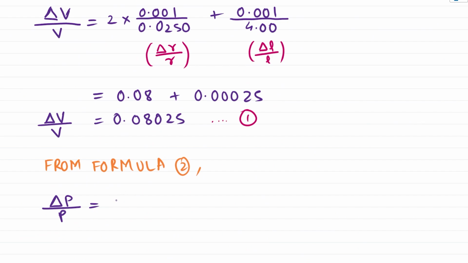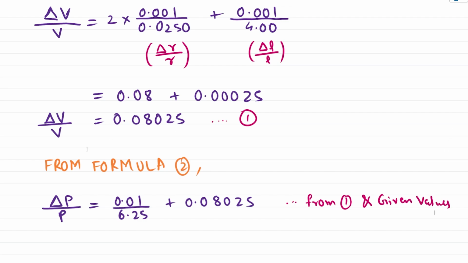So the value of delta m is 0.01 divided by the mean, that is 6.25, that is m, plus the value of delta V upon V, which we have just calculated to be 0.08025. So this is from equation 1 and given values.